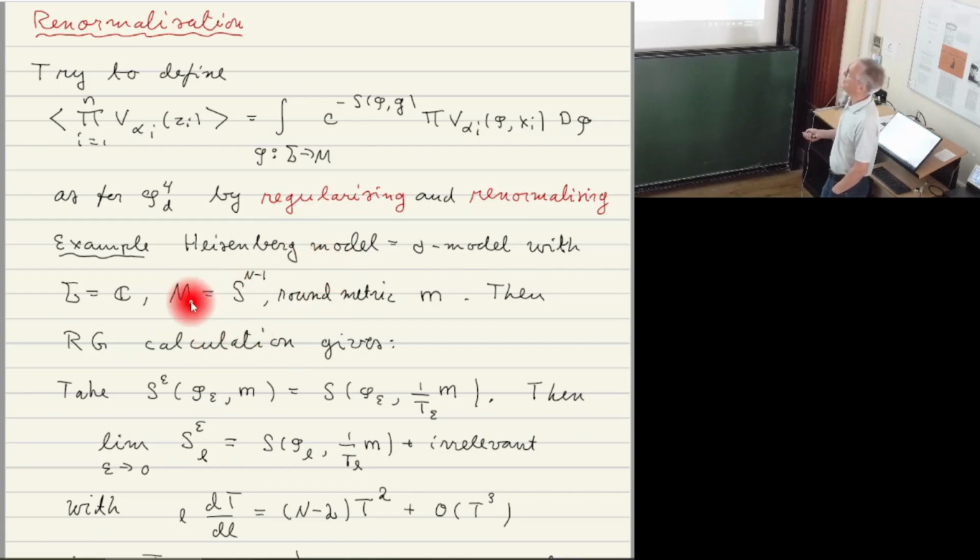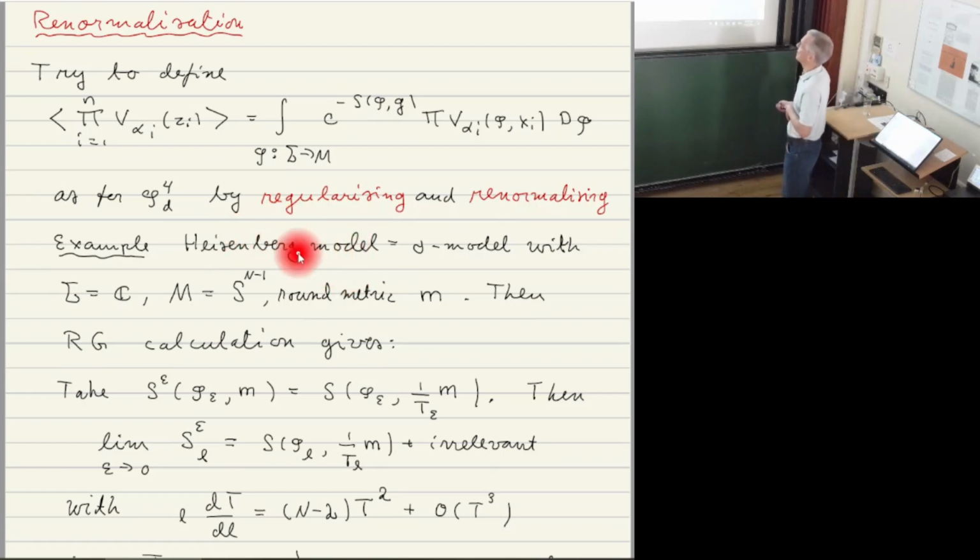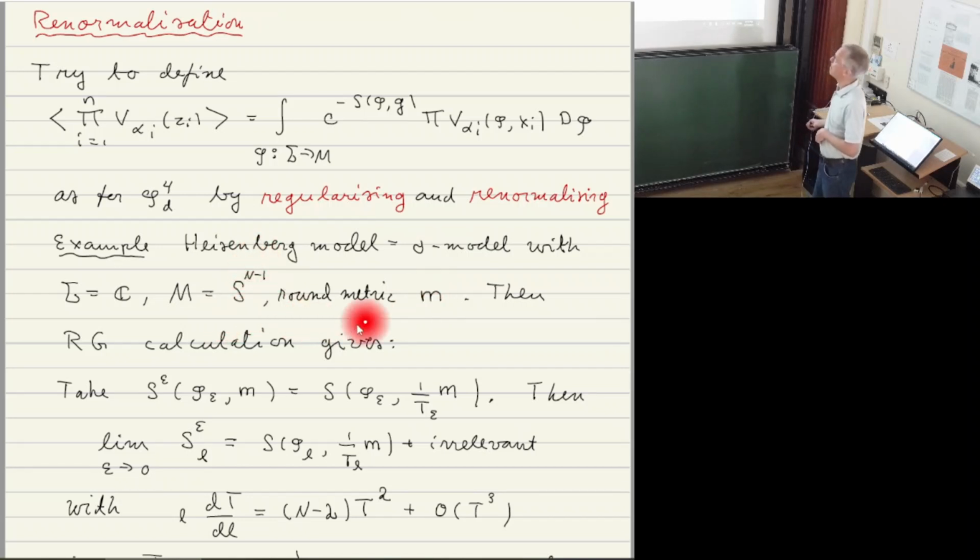The simplest of these examples where it was studied is the case when, let's be just on the plane, and take the Heisenberg model. Actually, Christoph is going to discuss this model once he arrives. You take just the target manifold, the sphere, S^{n-1}, and take the round metric of the sphere.